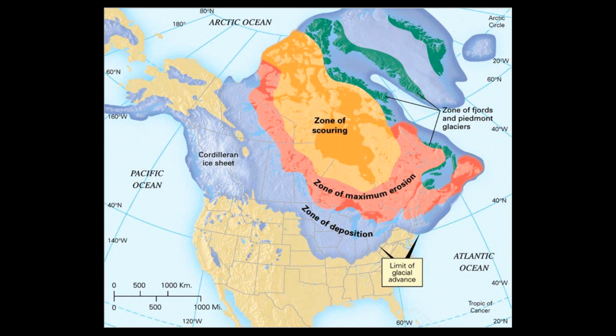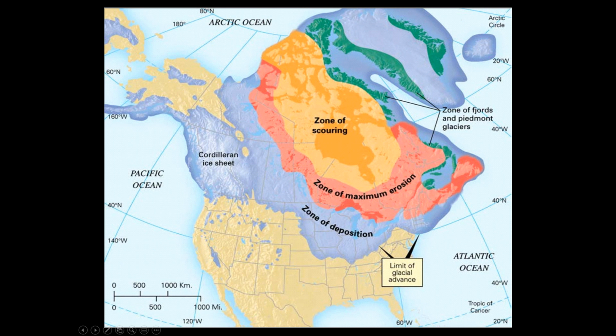Just to show you the effect of the Laurentide ice sheet and Pleistocene glaciation, the zone of scouring shown here is an area where everything was removed by the moving ice. And then the zone of maximum erosion, quite a bit of erosion happened there.